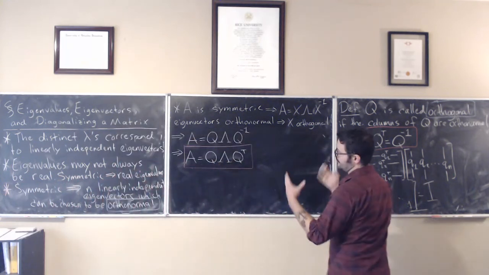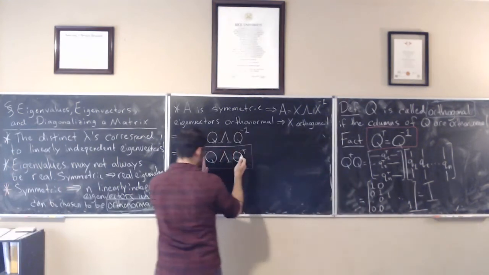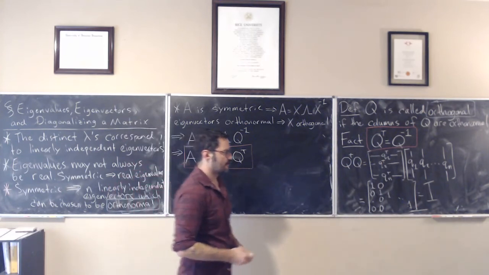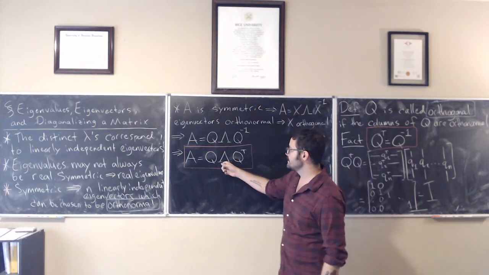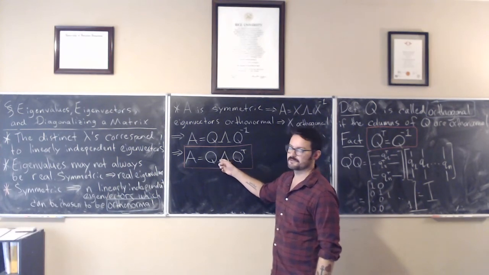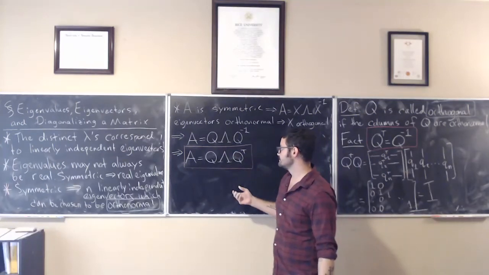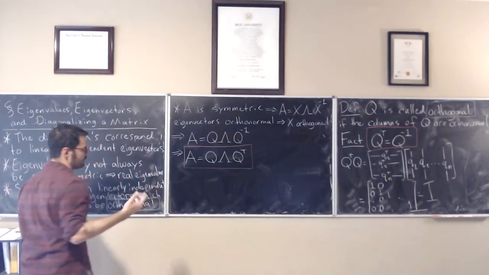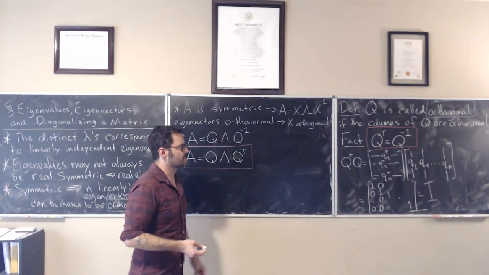Now this is an especially nice factorization because the columns of Q are all orthogonal to each other. They have unit length. This is a diagonal matrix. I was going to say unit length columns and rows.